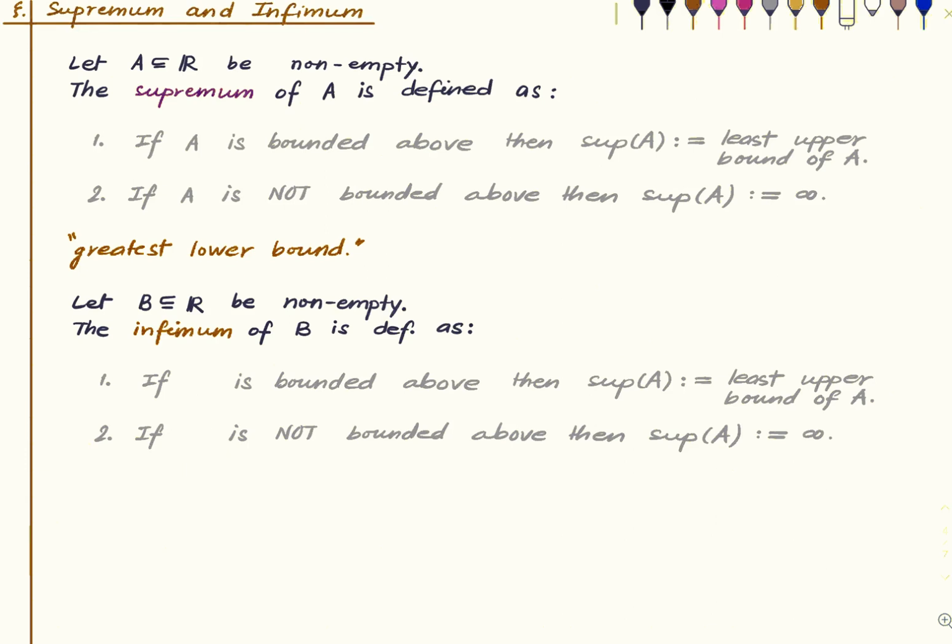So if B is bounded below, then infimum of B is defined as the greatest lower bound of B. And if B is not bounded below, then we define the infimum of B as minus infinity.